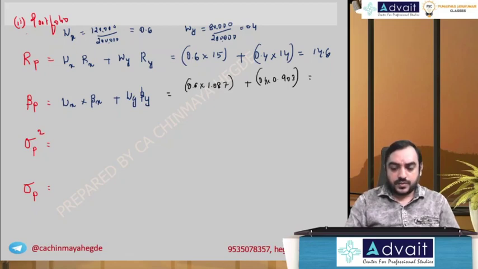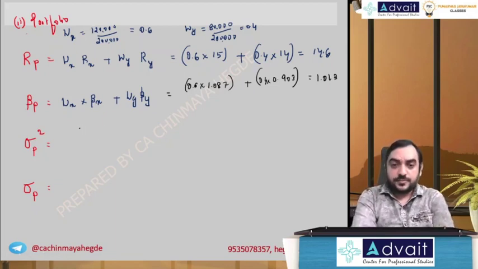So 0.6 into 1.087 plus 0.4 into 0.903 gives portfolio beta 1.013. Okay, portfolio variance.